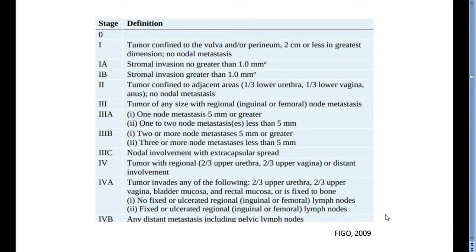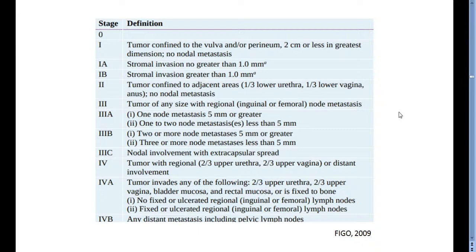And we have FIGO, which stands for the International Federation of Gynecologists and Obstetricians. They define different stages, usually from stage 1 to stage 4, related to the size of the tumor, the depth, the spread, and metastasis. As you see on the slide, it's available on the net.